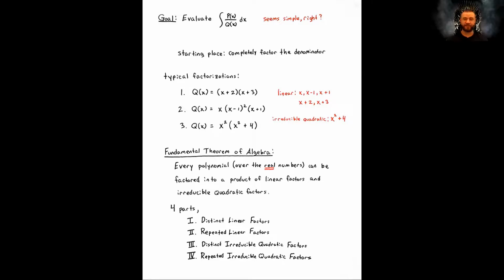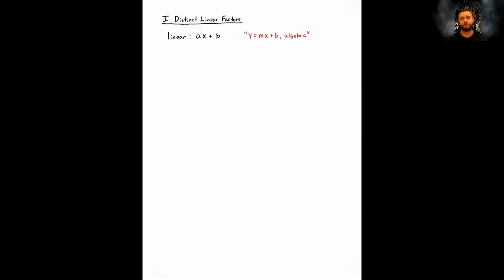All right, let's proceed to part 1. For the remainder of this lecture, part 1, we'll be focusing on linear factors within the denominator that are distinct. There's no repetition within a single denominator for any factors.